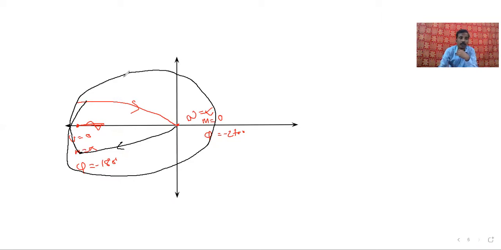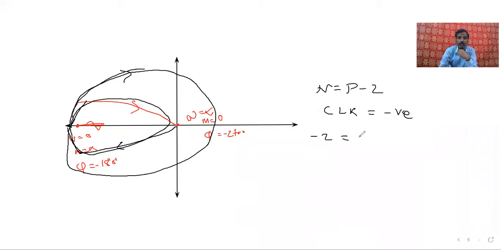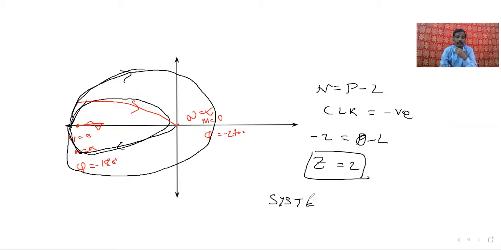Then N equals P minus Z. This is one contour, and this is another contour, clockwise, negative value. Then N equals minus 2, P minus Z, P equals 0, Z equals 2. So the system is unstable. This is the conclusion.